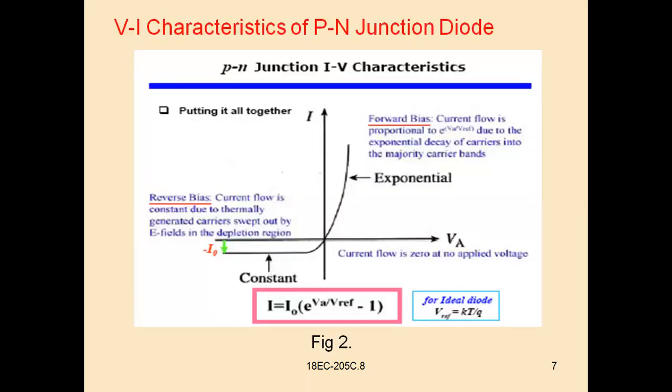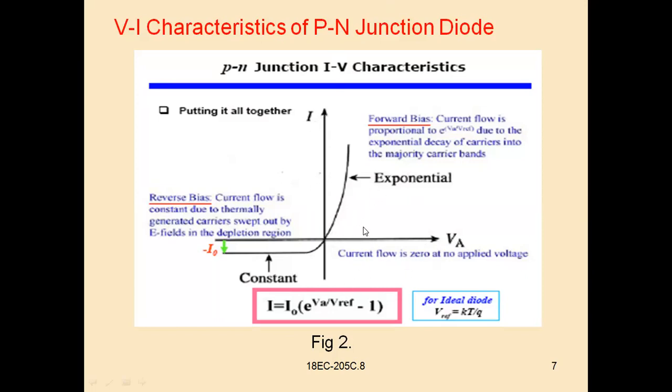This region is also considered as a variable capacitor, and we can treat this as transition capacitance. Let's see the VI characteristics of PN junction diode. In this graph, on x-axis voltage is taken, on y-axis the current is taken.